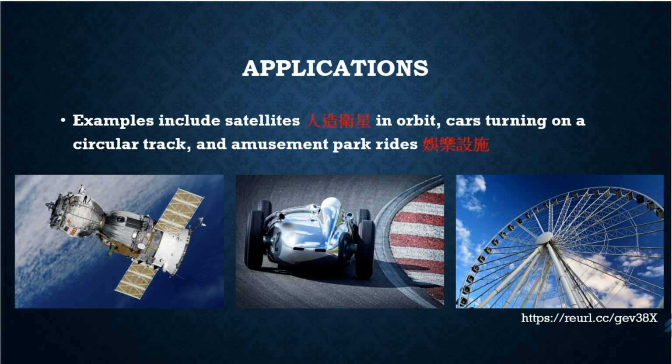In this case, friction provides the centripetal force needed to keep the car moving along the curve. Lastly, we see this in amusement park rides, such as those that spin in circular paths. These rides also rely on a centripetal force to maintain their motion.